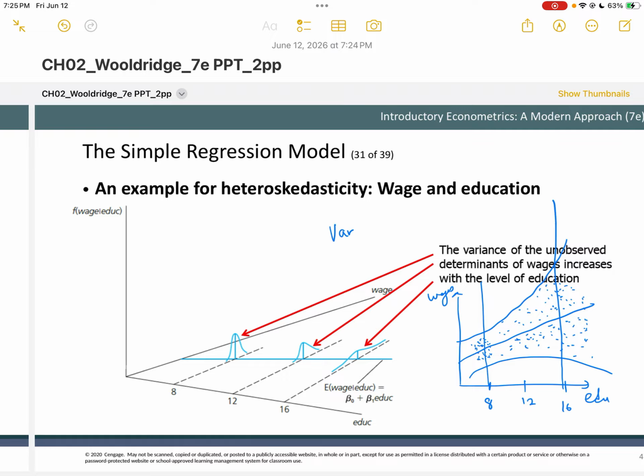Such that heteroskedasticity is characterized as the variance of U conditional on X being equal to sigma squared times some function of X. Homoskedasticity is not characterized this way.